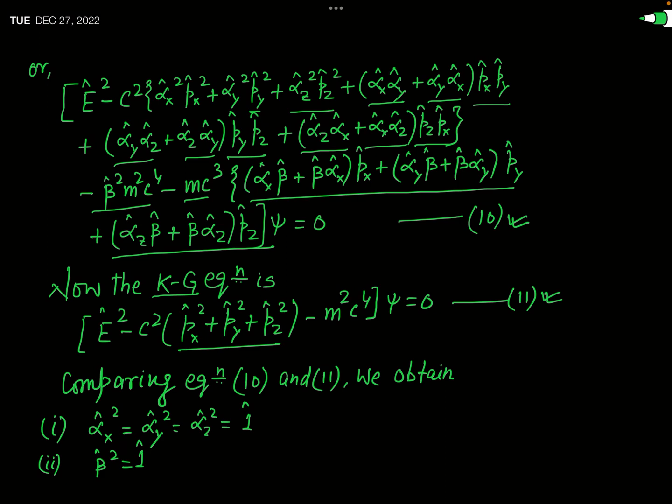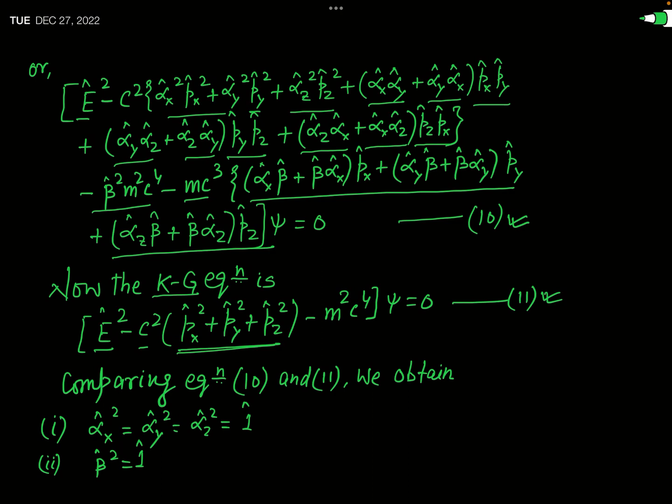Comparing these two equations term by term, you can see that in place of this E hat square there is E hat square, so you get nothing from this term. But the coefficient of c square in equation 11 is px square plus py square plus pz square, and in equation 10 the coefficient of c square is this much.